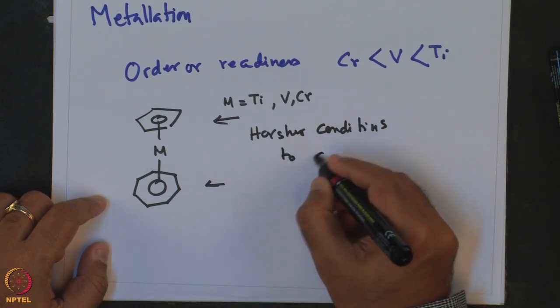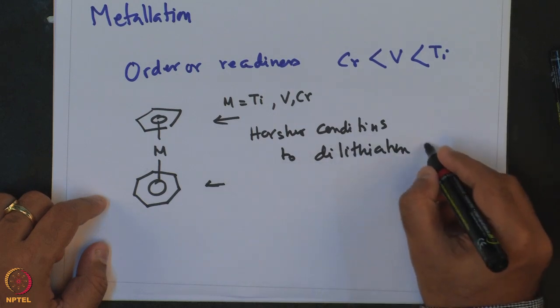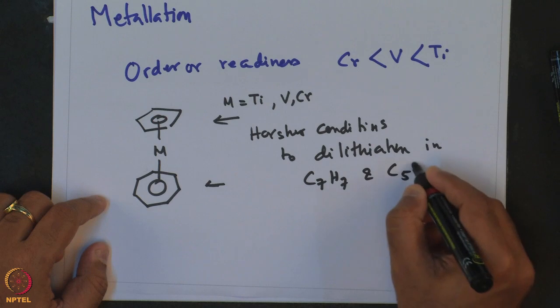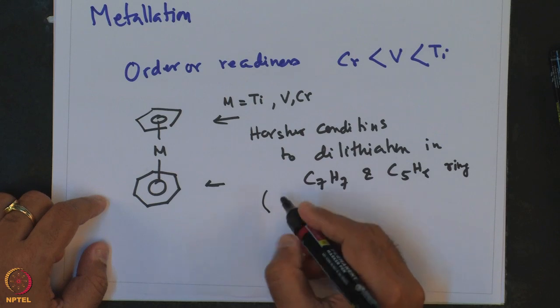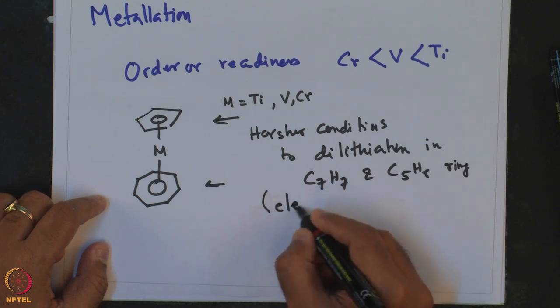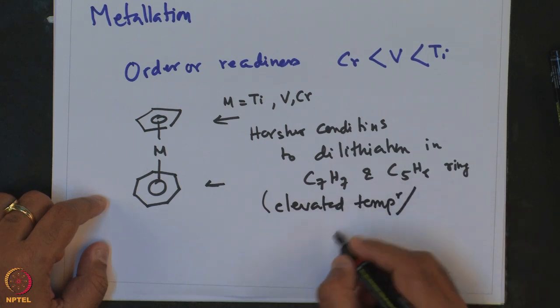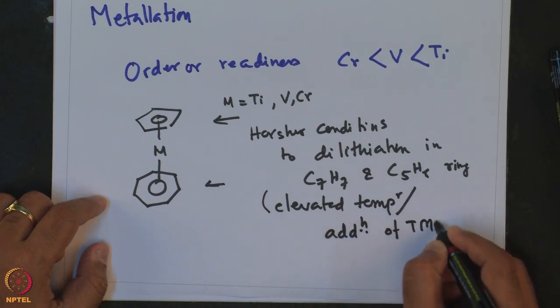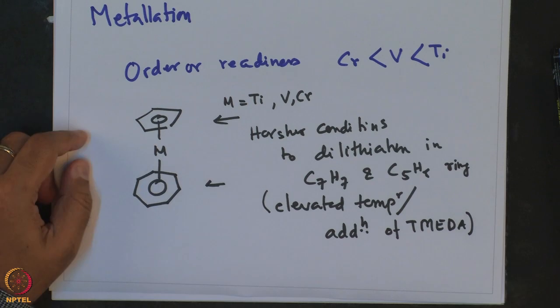For dilithiation, in both the C7H7 and C5H5 ring, harsher conditions means elevated temperature and or addition of TMEDA. So, these are sort of the conditions in which the methylation can be achieved.